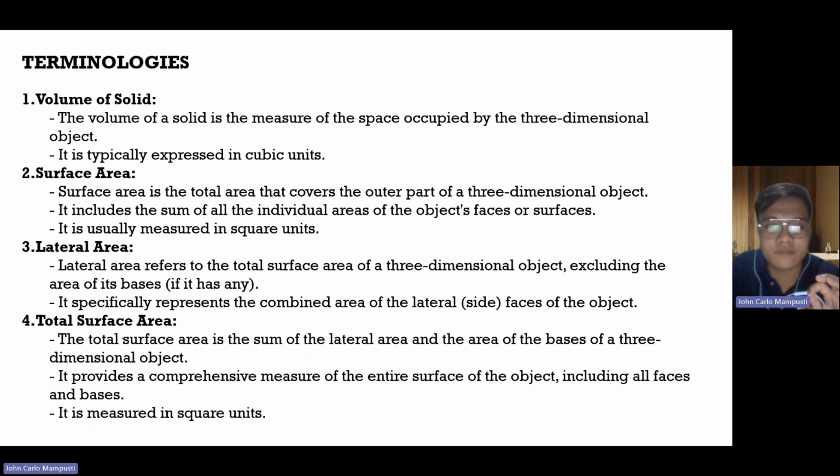When we say total surface area, from the word itself, total, kasali na yung bases ng three-dimensional object. It means this is the sum of the lateral area and the area of the bases. It provides a comprehensive measure of the entire surface of the object, including all surfaces and bases. This is measured in square units naman.